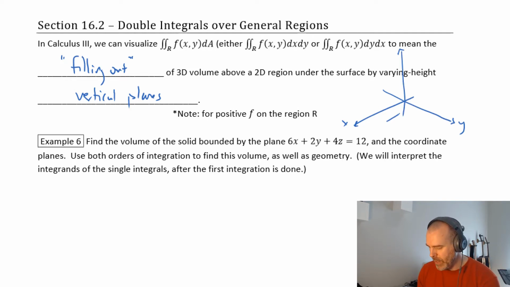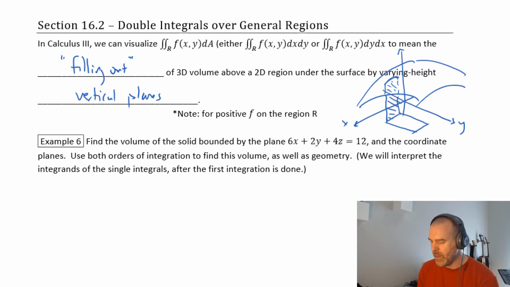You have some region in the xy plane, you have some surface above this, and what you have is you can go up to the surface and you have this plane there, and you're going to add those up and kind of fill them out as you go down. That's like that slice of bread, and you're adding up those slices of bread.